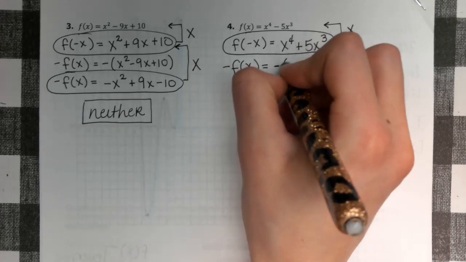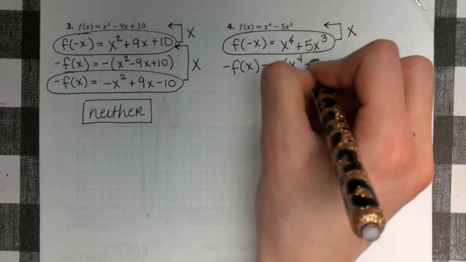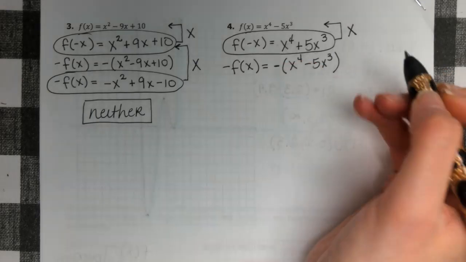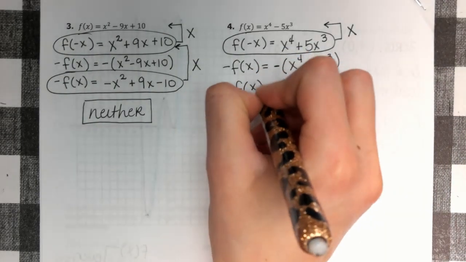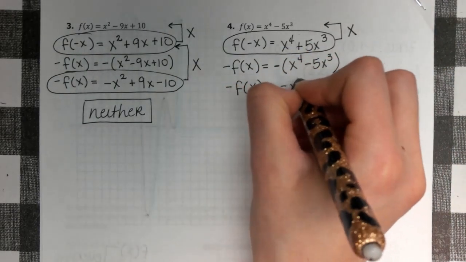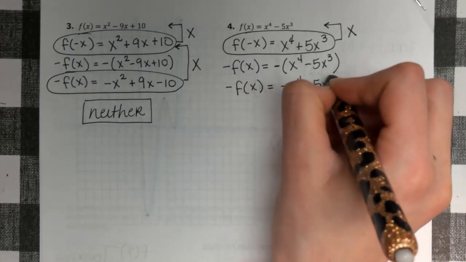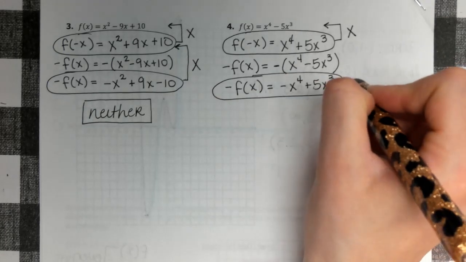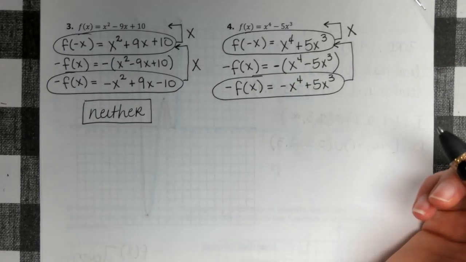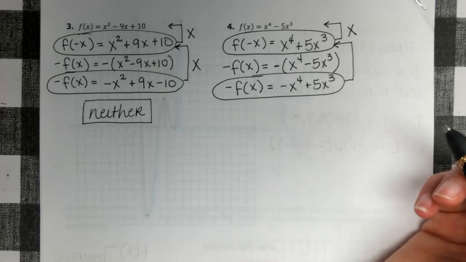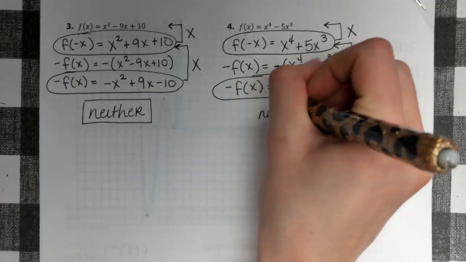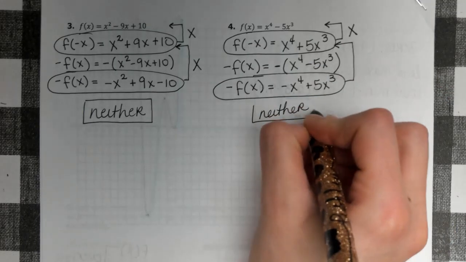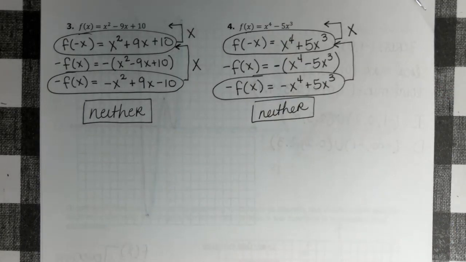So negative parentheses x to the fourth minus 5x cubed. So negative f of x becomes negative x to the fourth plus 5x cubed. If I compare that to my f of negative x, are those the same? No, so it would be neither even nor odd. Okay? We good with that? Questions?